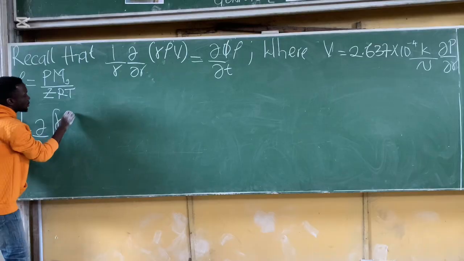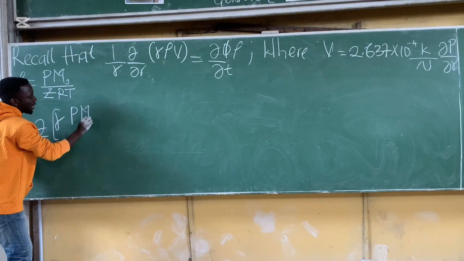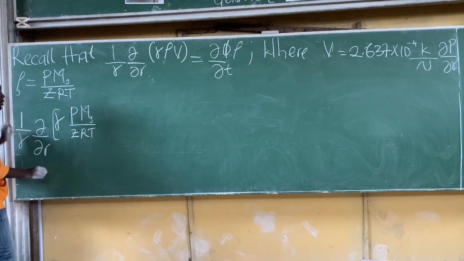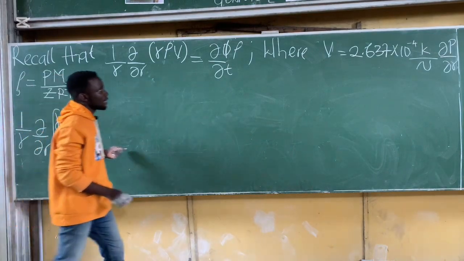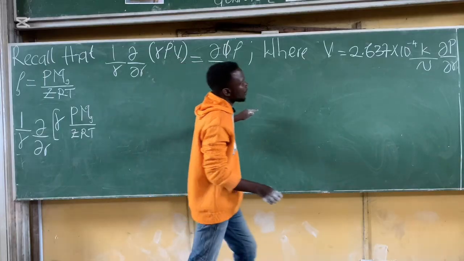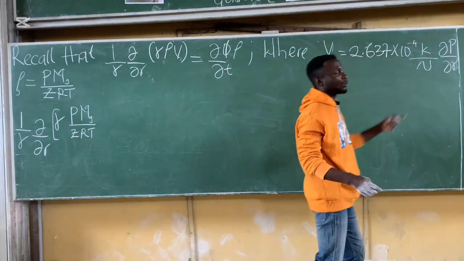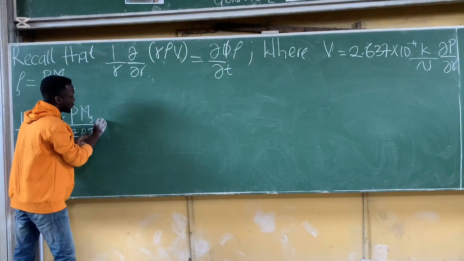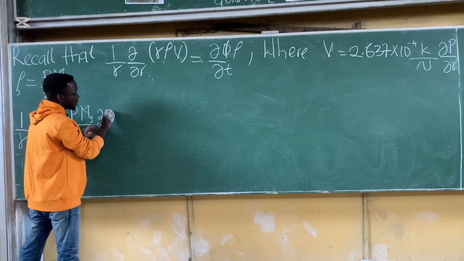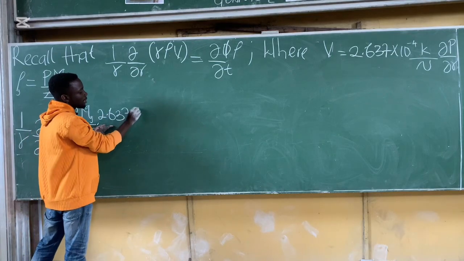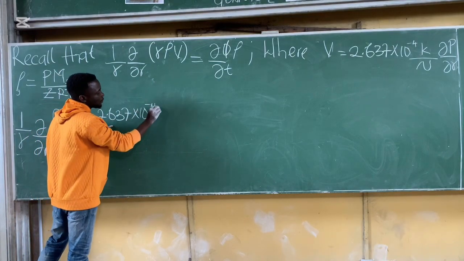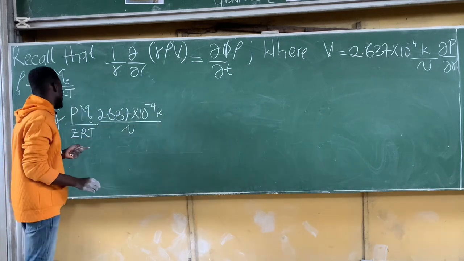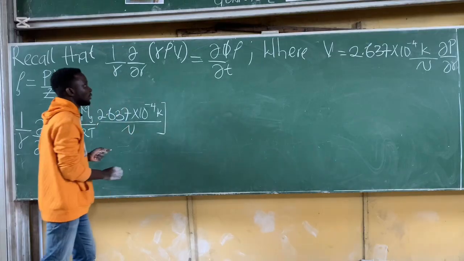Our density is P Mg divided by Z R T. Then we have our velocity, which is 2.637 times 10 raised to the power of minus 4 k divided by viscosity, times dp/dr.